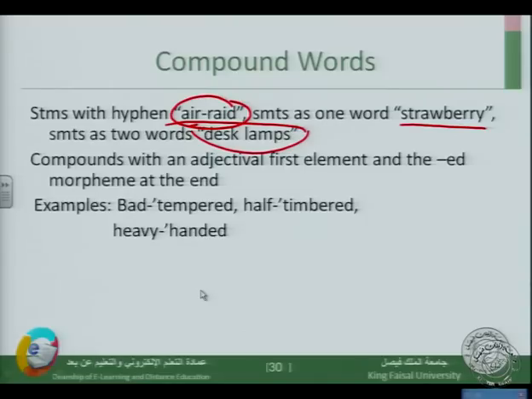Now, in compound words with an adjectival first element and the -ed morpheme, like tempered or handed, these are all adjectives ending in -ed. If compound words have an adjectival first element, then we put the stress right here, especially with those ending with -ed.